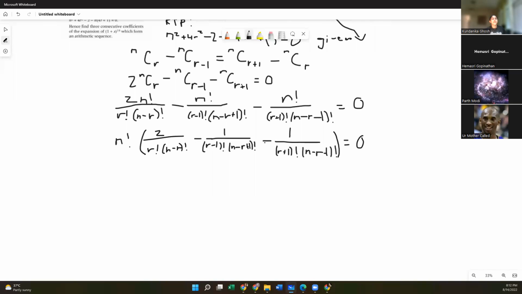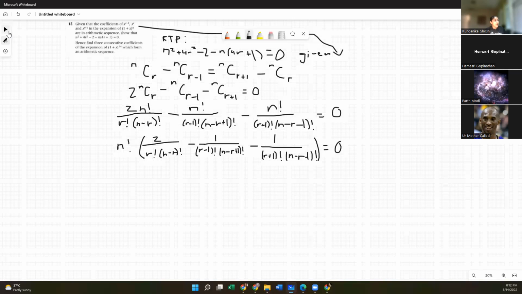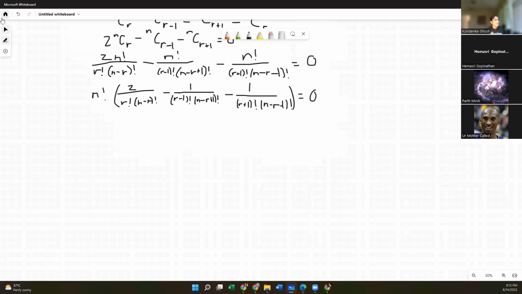So the greatest of those are n minus r plus 1 factorial and r plus 1 factorial. So what I want to do is figure out what I can multiply each of the denominators by to get r plus 1 factorial and n minus r plus 1 factorial. And I want to multiply all the numerators by that number.